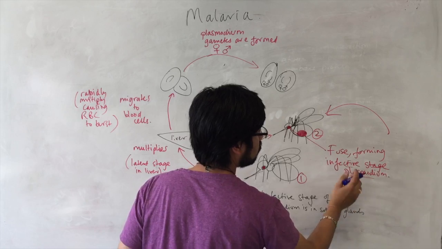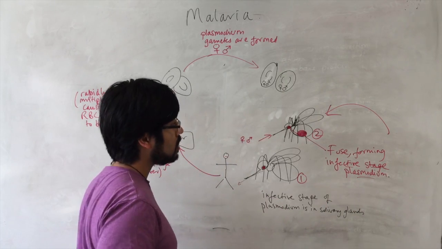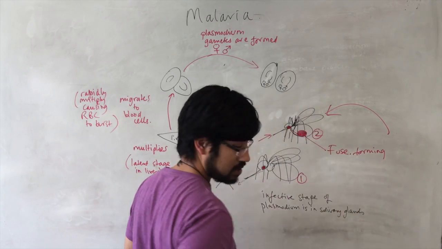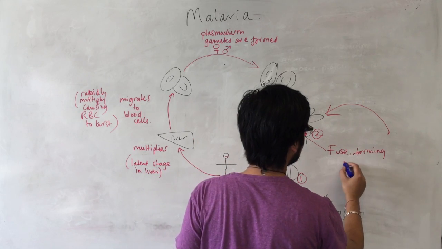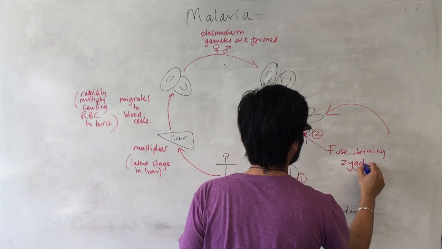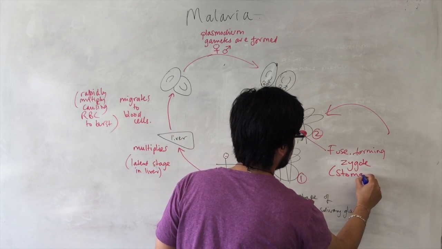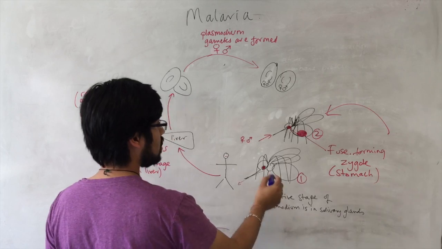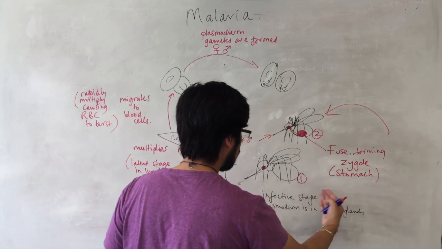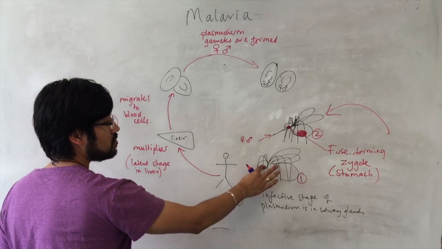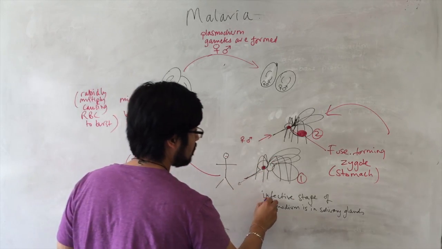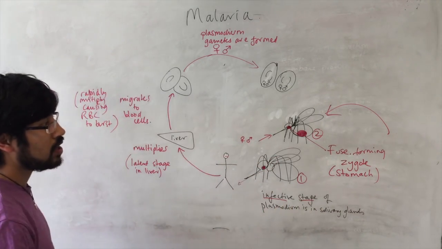Fuse to form the zygote in the stomach, and then when they mature and they move to the salivary glands, that's when we have the infective stage. All right.